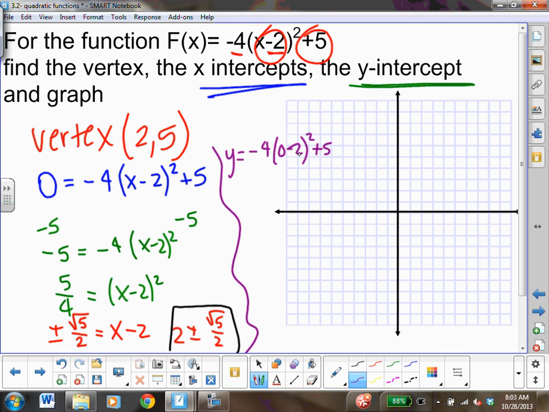So 0 minus 2 is negative 2. Square would be 4. Negative 4 times positive 4 is negative 16. Plus 5 is negative 11. And that would be my y-intercept.